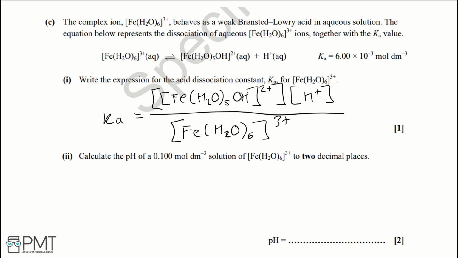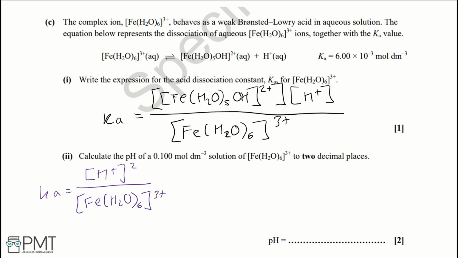Part 2. Calculate the pH of a 0.1 mol dm-3 solution of [Fe(H2O)6]3+ to 2 decimal places. For this question, we're going to make the assumption that the concentration of H+ and the concentration of [Fe(H2O)5(OH)]2+ is the same. And that means we can write Ka equals [H+]2 divided by [Fe(H2O)6]3+.